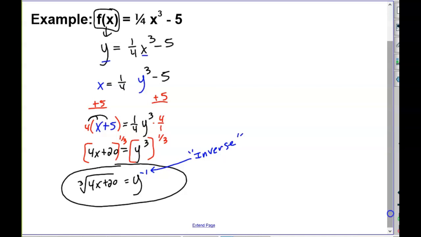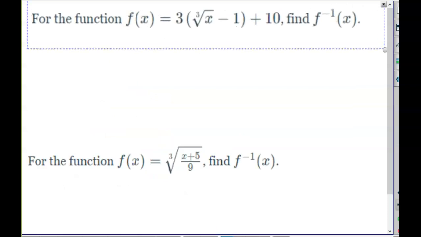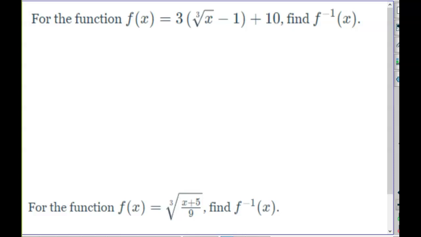That's an inverse. Okay? Now I know you're not super comfortable with that, so I want you guys to try this one with me. Write this one down, and then look at the notation. They say find f of -1. That's telling us to find our inverse.